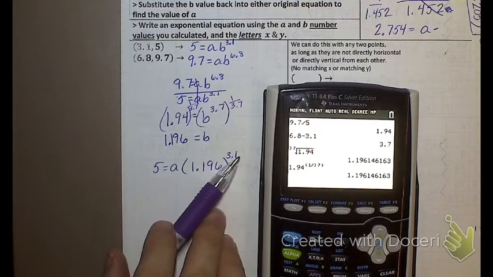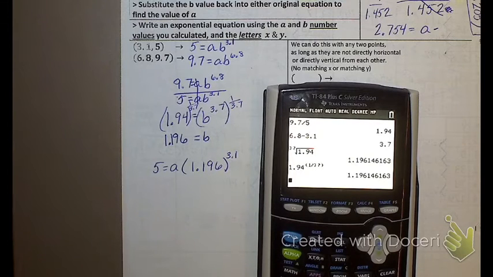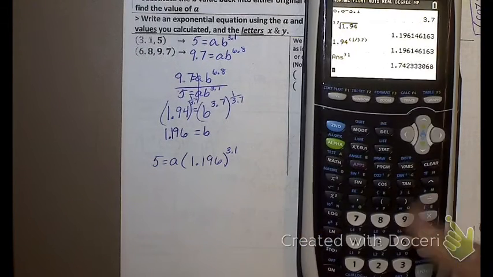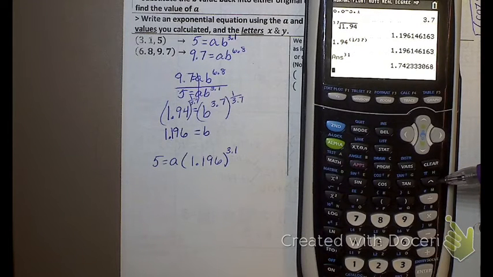How do I raise it to the 3.1 power? Just hit your caret button or your to the button, and you should be able to use the previous answer. Okay? When I say caret, I mean this. I think that's actually the official name of it. Little arrow pointing up. I call it the to the button because every time I press it in my head I'm saying to the, like 5 to the 4th.